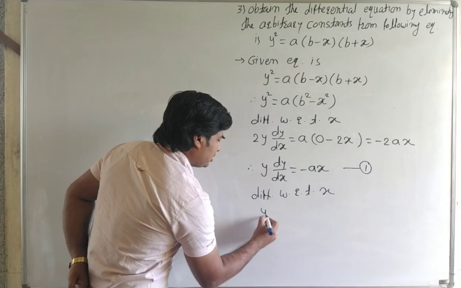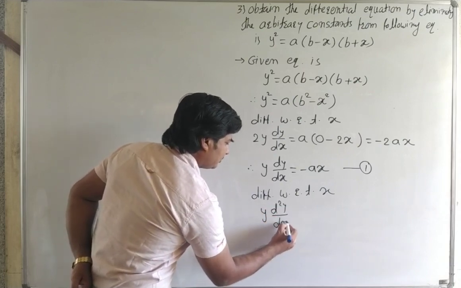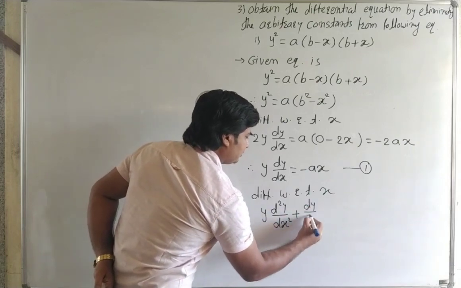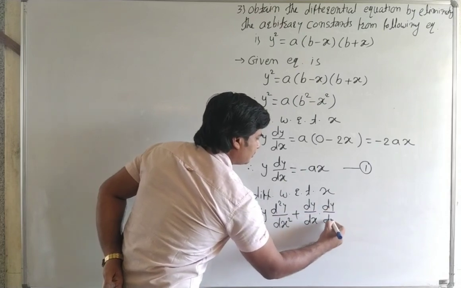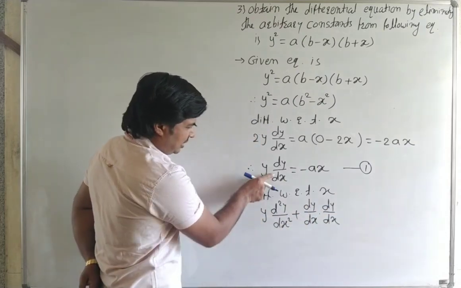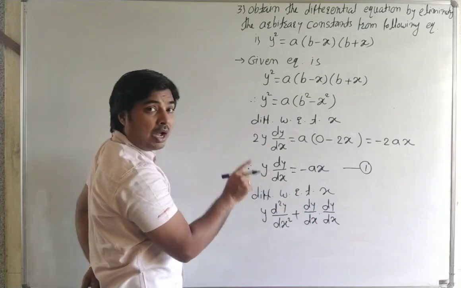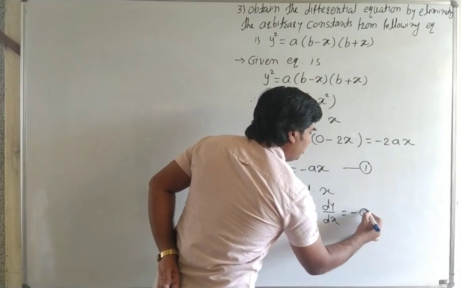Therefore first as it is, derivative of the second function, plus second as it is, derivative of the first. That is, the derivative of y is dy by dx, and is equal to only minus a.